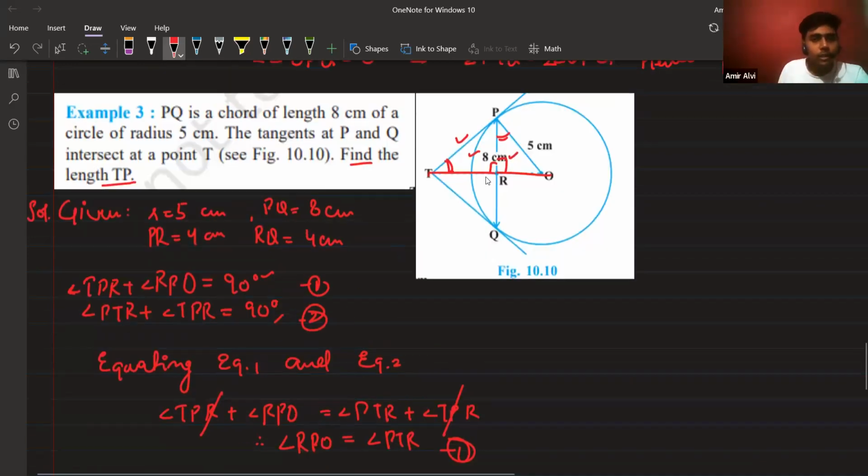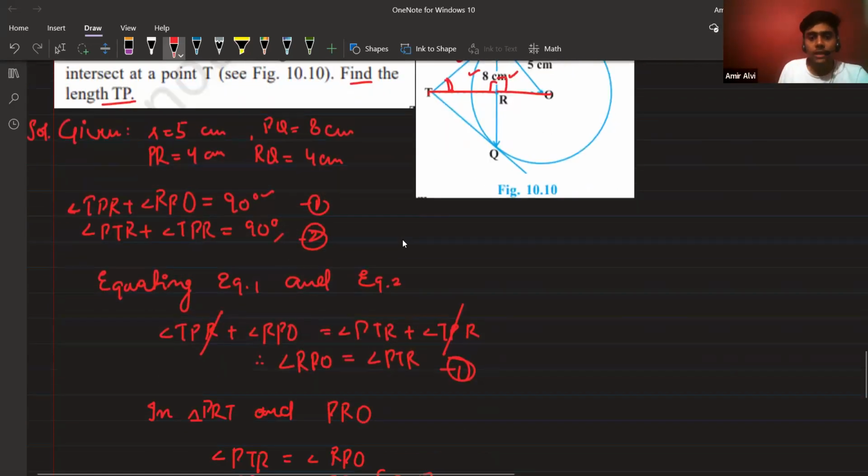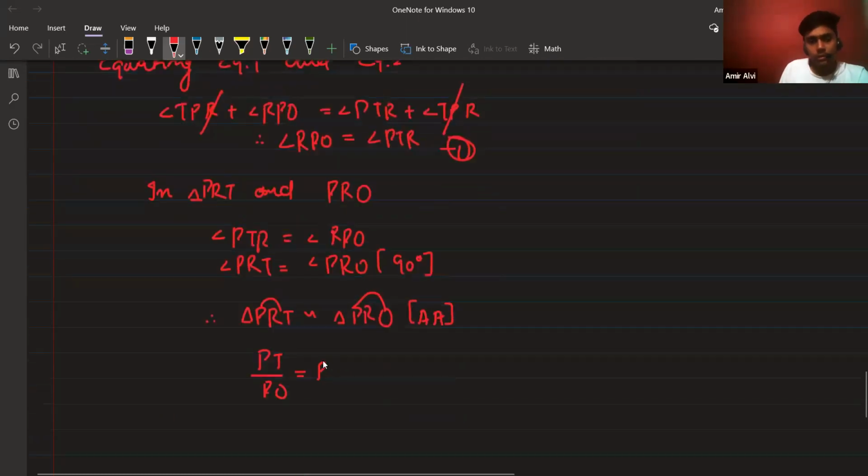The value of RT is not given now. The value of OR is given. Just a second. I think something is given. Okay, PR is common. So PR by PR. Clear?